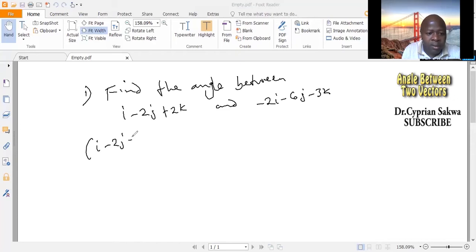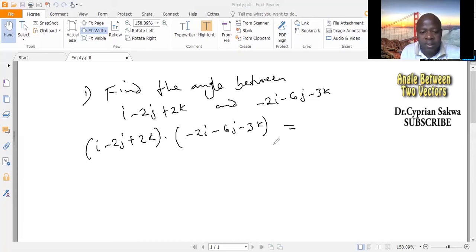i minus 2j plus 2k dot negative 2i minus 6j minus 3k. The dot product, as we stated in our last video, is a scalar quantity, not a vector quantity.